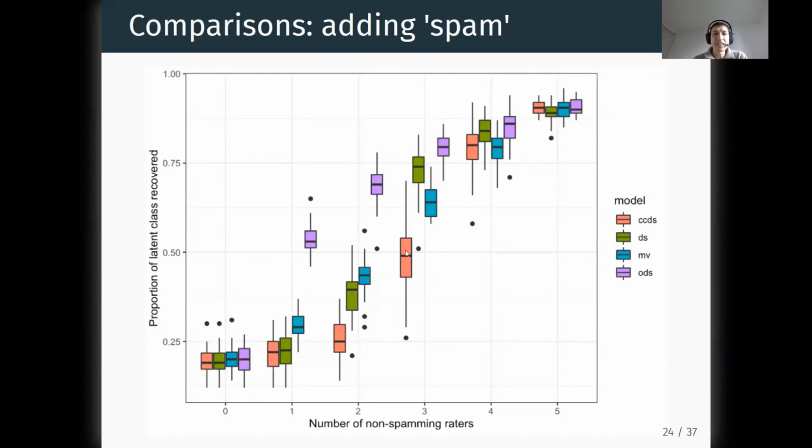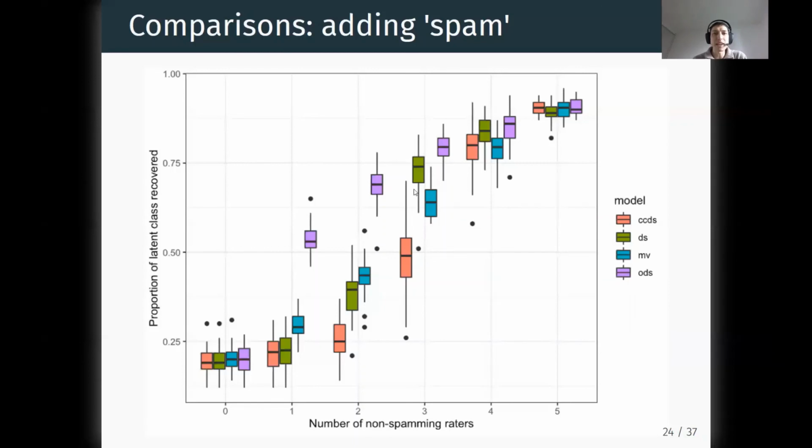So you can see here that the class-conditional model, the restriction imposed on it, is hampering its ability to get the signal. So this stark difference is due to the fact that the extra work that the Dawid-Skene model is doing is actually paying dividends here.